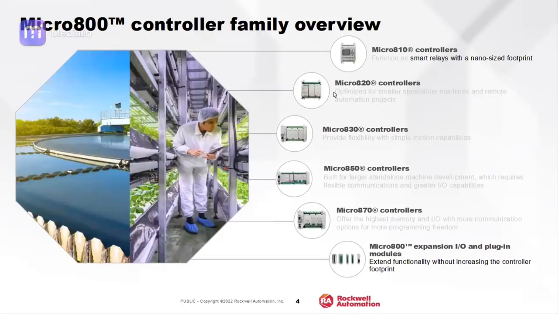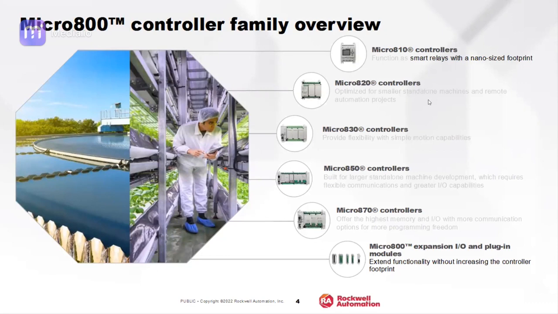So Micro 800 family has a total of 5 ranges of products. One is Micro 810. This is a kind of smart relay with a nano sized footprint. The another one will be a Micro 820. That will be for standalone machines or maybe remote automation projects.